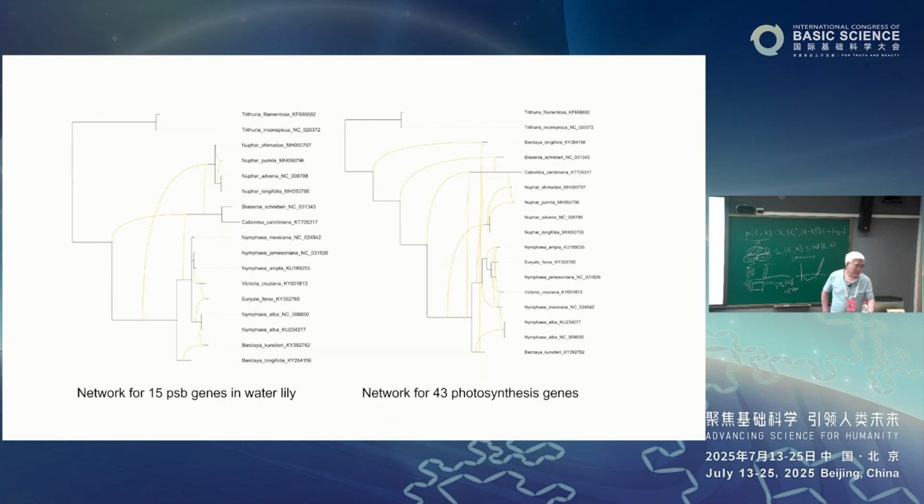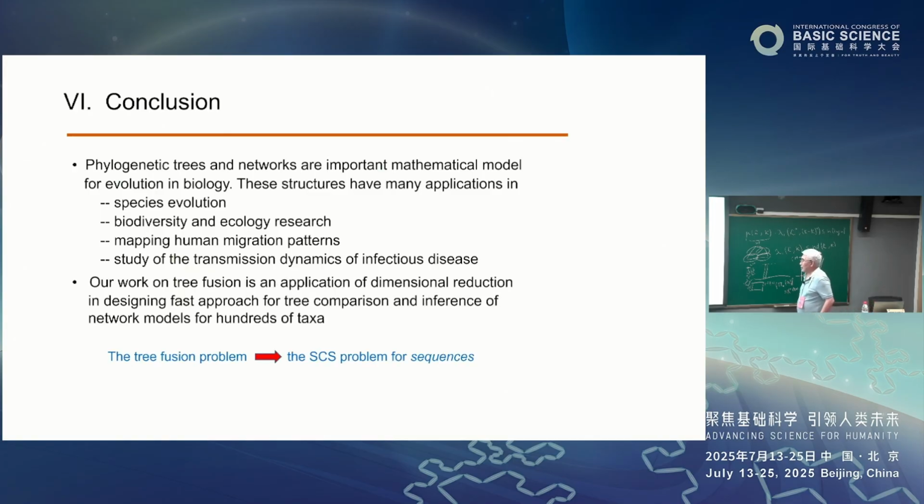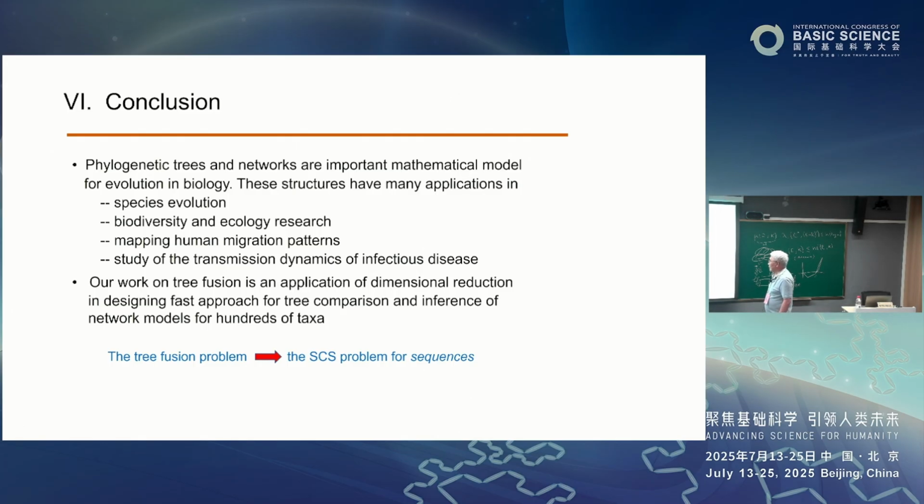Oh, okay. This one? Next. This one. Yeah. So you're actually reducing the tree fusion problem for tree child network to the SES problem.